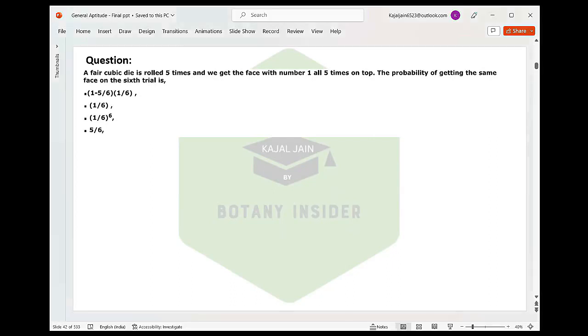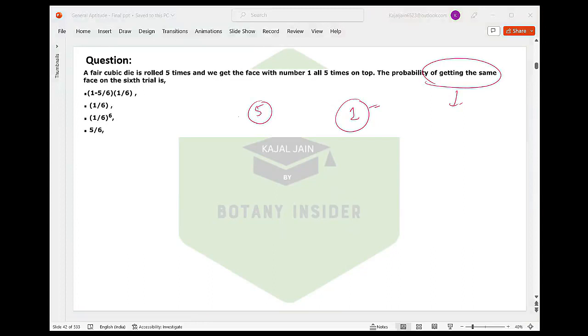Let's look at the simple question. A fair cubic dice is given to you, and we have thrown the dice 5 times, and every time we got number 1 at the top. The question is asking what is the probability of getting the same number the sixth time also. Obviously the answer will be 1 upon 6, because there is no change in it.